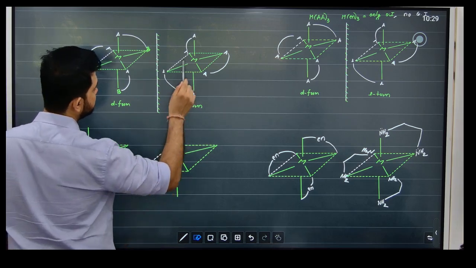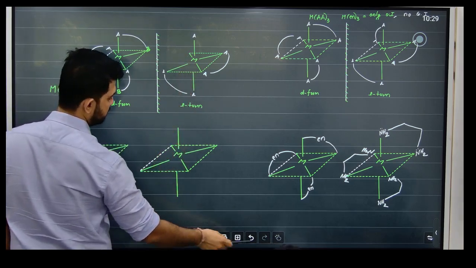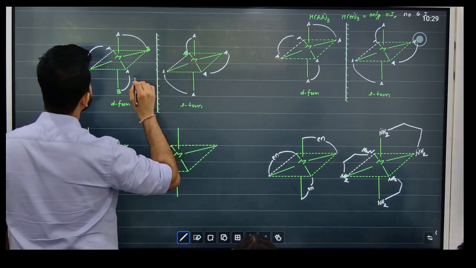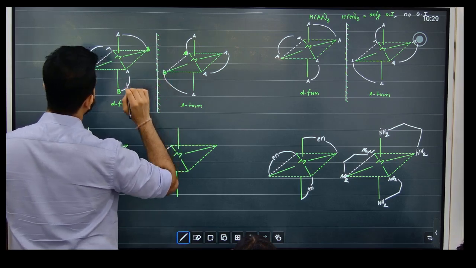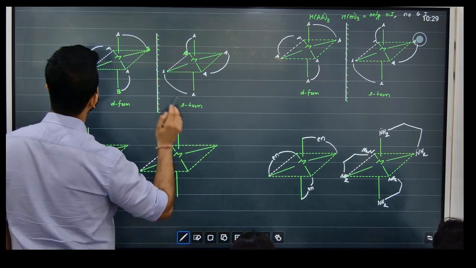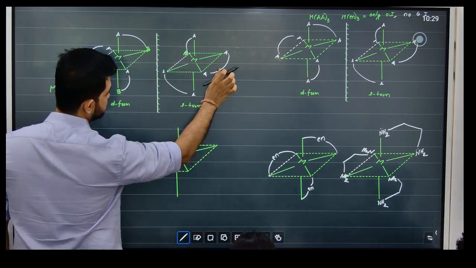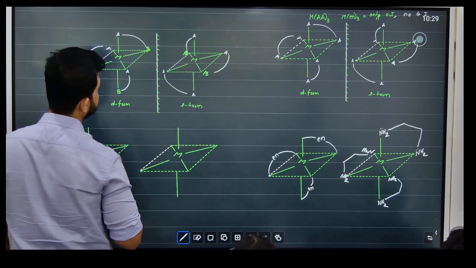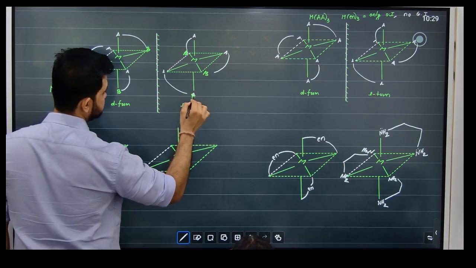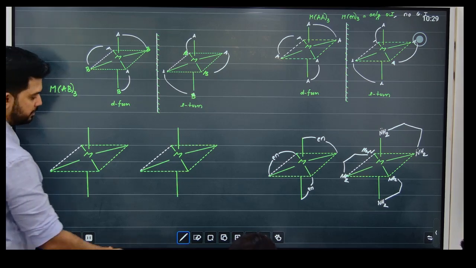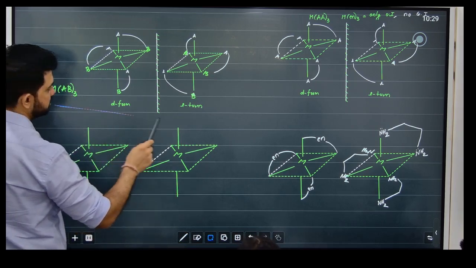Optically active, and also only no geometrical isomer, only optical isomer. This will be M, AB3. So, give me the next combination, please.